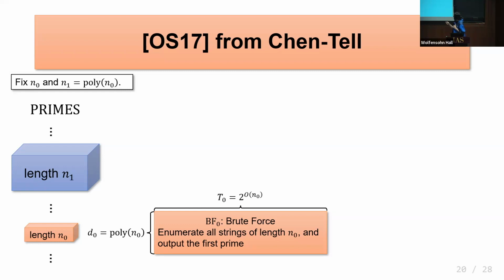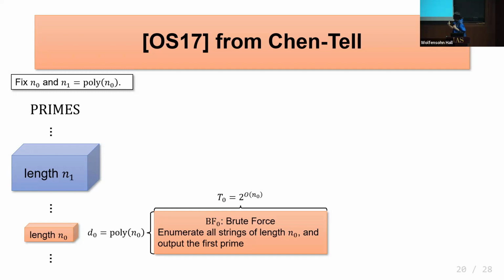Let's consider the brute force algorithm that outputs the first prime on input length n0. It enumerates every string, applies the AKS test on every string, and then gathers all the information and outputs the smallest n0-bit prime.